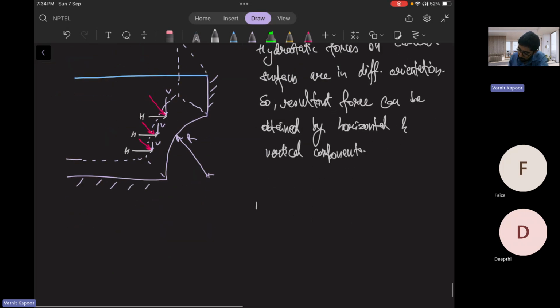That is, your net resultant force is the square root of F horizontal square plus F vertical square. So how do you get the horizontal component? It is again the net hydrostatic pressure force exerted on the projected area of the curved surface, on the projected area of the curved surface in a vertical plane.